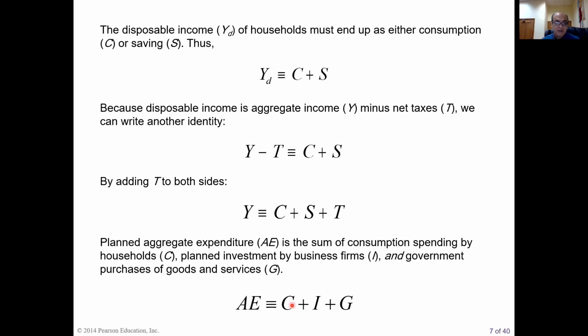C is the same as C here, and in this case we can rearrange these two equations with each other to determine another equation for the equilibrium point, as we will see later on.